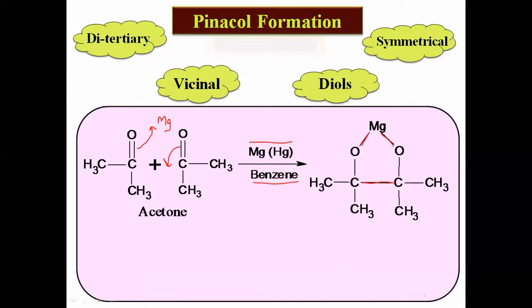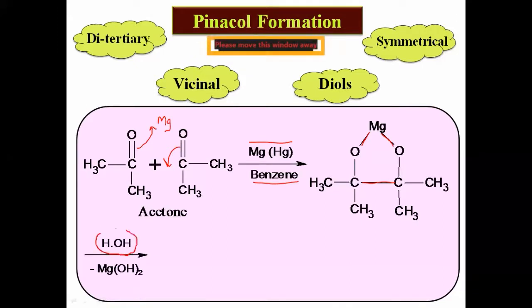Now this intermediate, हा जो intermediate आहे, undergoes hydrolysis. त्याचं हायड्रॉलिसिस होतं. There is addition of water. दोन वॉटरचे मॉलिक्यूल ऍड होतात. ऍडिशन कशी होते बघा. Here the bond between that oxygen and magnesium undergoes breaking. Hydrogen adds to oxygen and the OH group adds to magnesium.